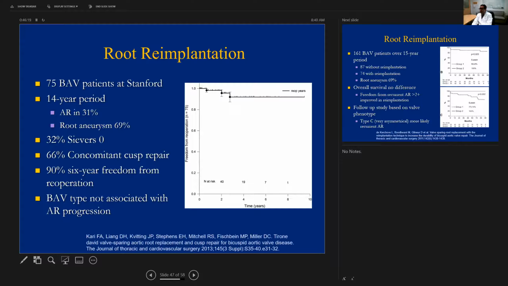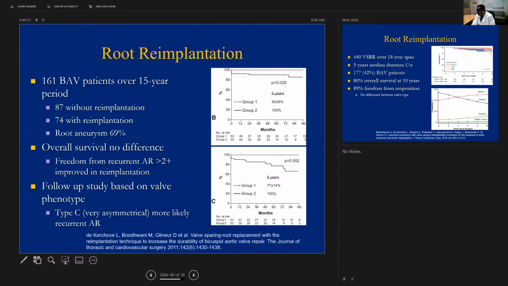In their report, over 14 years, 30% of their patients had at least moderate or greater aortic insufficiency, and 70% had root aneurysms. They had a high level of Sievers type 0 bicuspid valve, almost 1 in 3, which is very high. And Sievers type 0 valves are the easiest to repair and reimplant too. But if you see overall, their freedom from reoperation was 90% at 6 years.